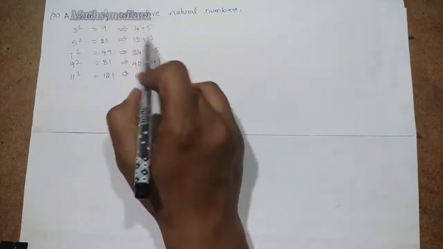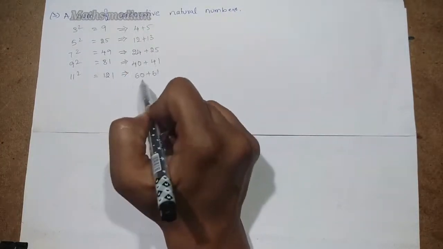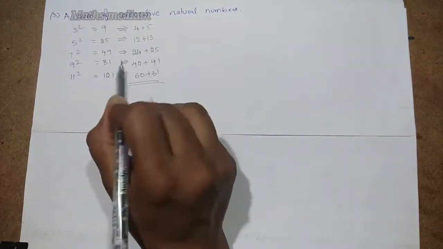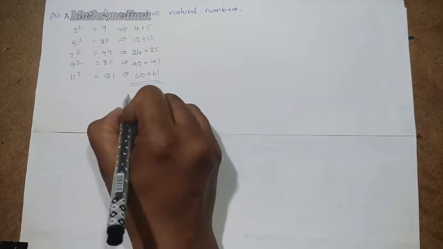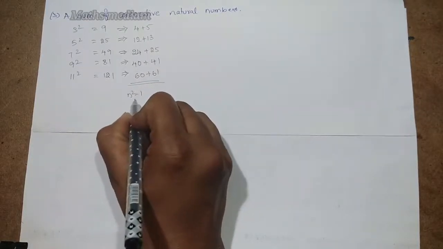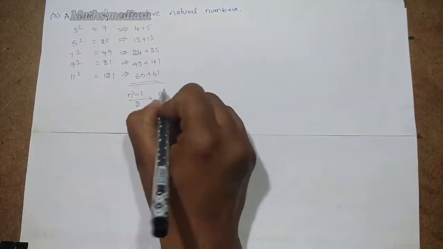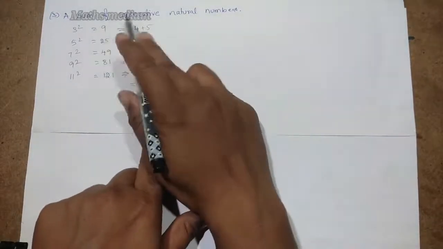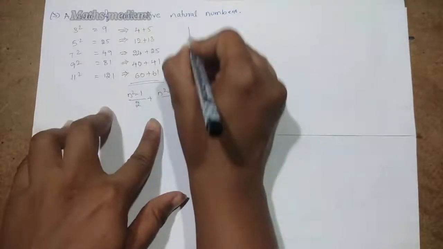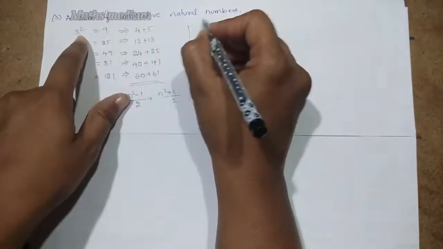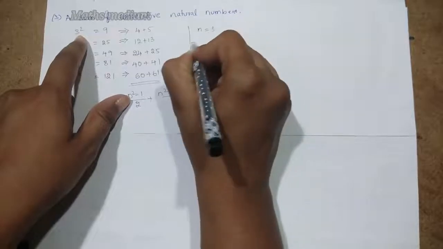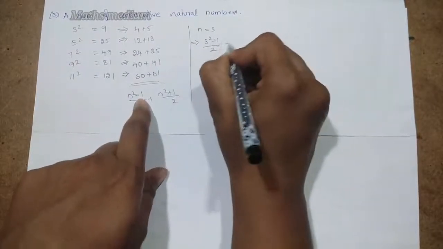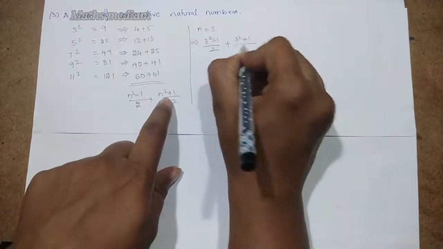See, 4, 5, 12, 13, 24, 25, 40, 41, 60, 61. By observing these, we get one formula: n square minus 1 by 2 plus n square plus 1 by 2. This is the formula for the sum of consecutive natural numbers. Let n be 3. Then 3 square minus 1 by 2 plus 3 square plus 1 by 2.